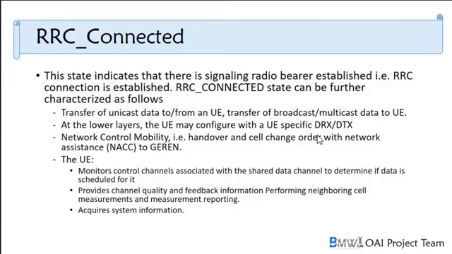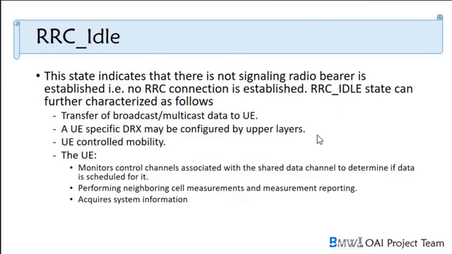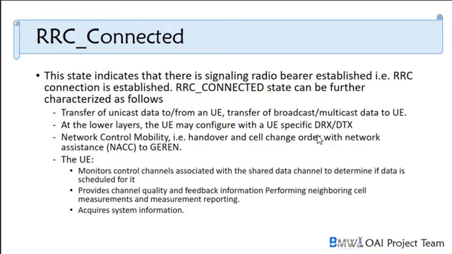Transfer of unicast data to or from the UE, and transfer of broadcast or multicast data to the UE. So you can find the difference between RRC connected and RRC idle. RRC idle only transfers broadcast or multicast data to the UE, but here you can transfer unicast data to or from the UE, and you can also transfer broadcast or multicast data to the UE.